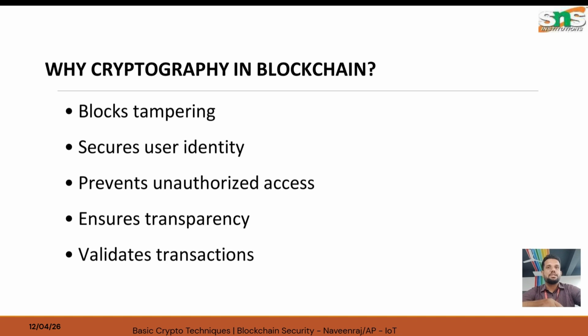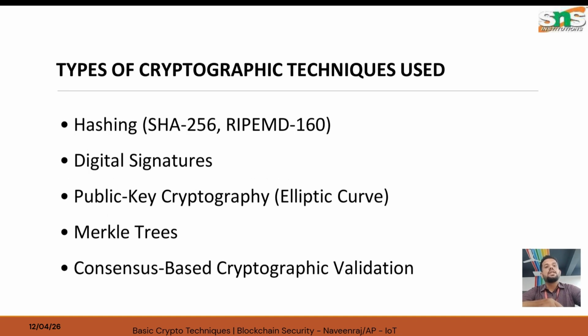In blockchain, each block contains a current hash as well as the previous block hash. This creates a chain, that is, a linked structure.